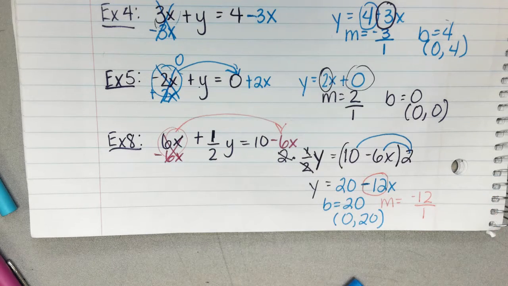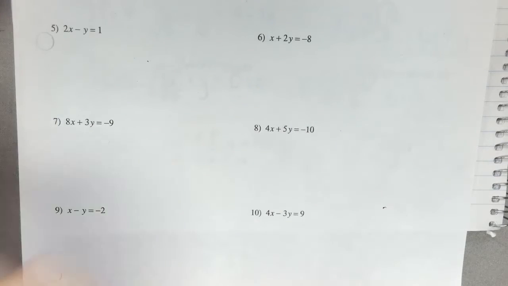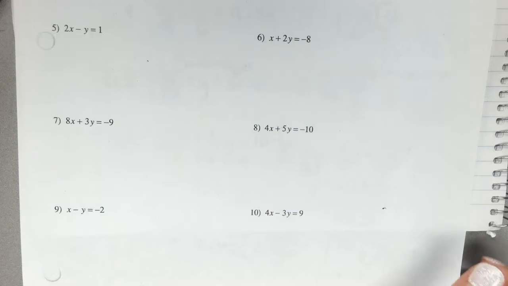Alright, so I want you to use these notes today and apply that to your worksheet. On the worksheet today, I only want you to do the odd numbers only.